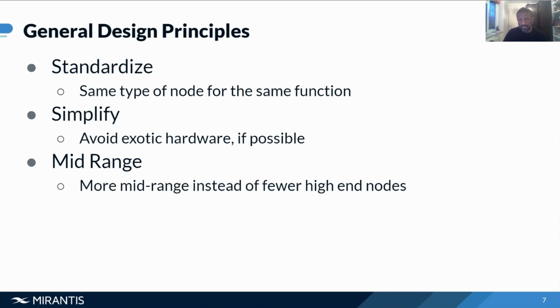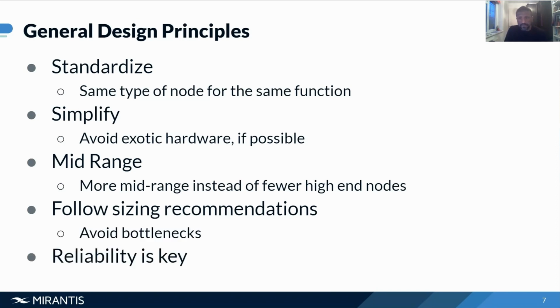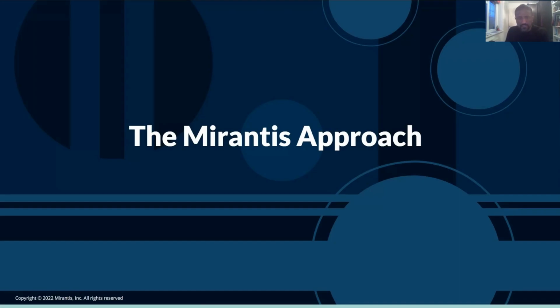It's good to have mid-range in the sense of lowering your entry barrier in terms of cost as well. And then following sizing recommendations. We document on our docs.mirantis.com website the minimum spec that we would advise for different types of deployment profiles. And finally, reliability is key. That's absolutely essential.